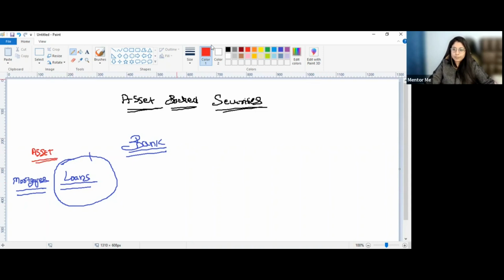Now, what is the prime center point of banks for business? It's funds only, right? Funds is the center point for a bank for business, right?